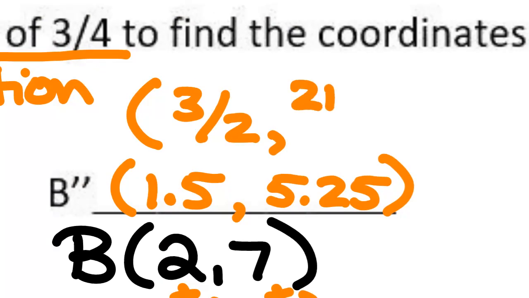Do I mind if you leave it in its fraction form? Not necessarily. The only time you would want to make sure it's in decimal form is if you're going to plot points, because the fraction form is really hard to find on the number line. Then I would definitely change it to decimal form. But fraction form is always fine.